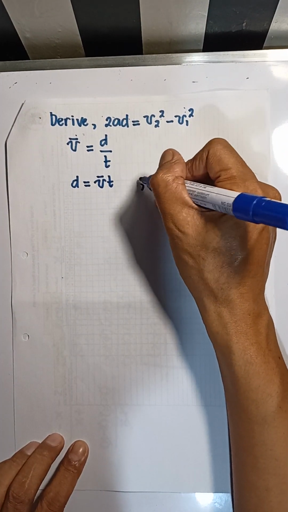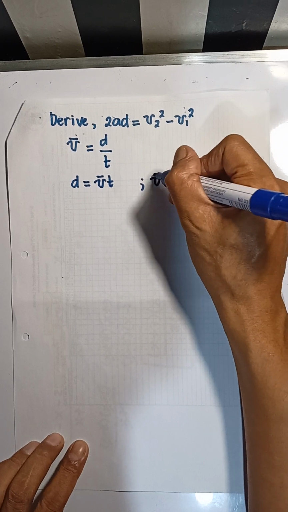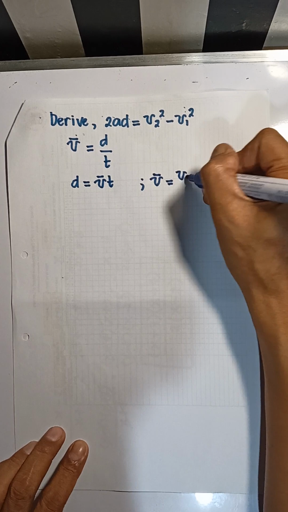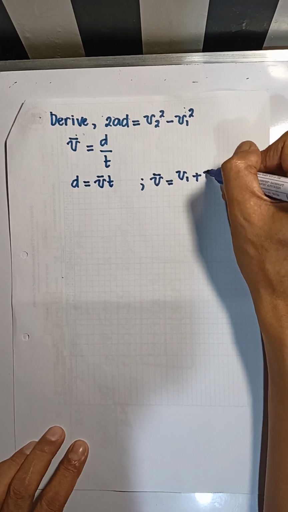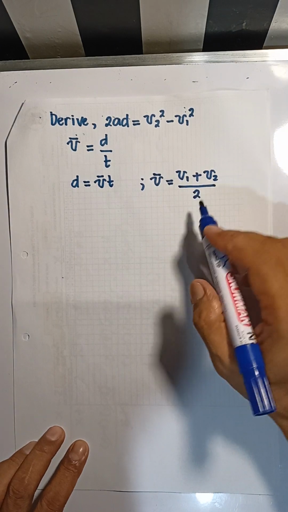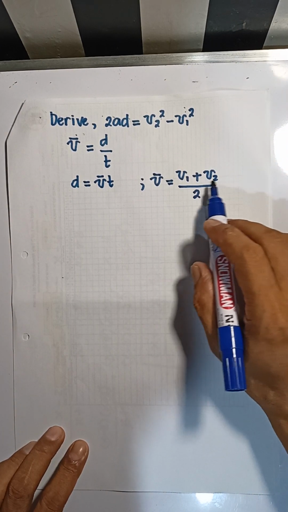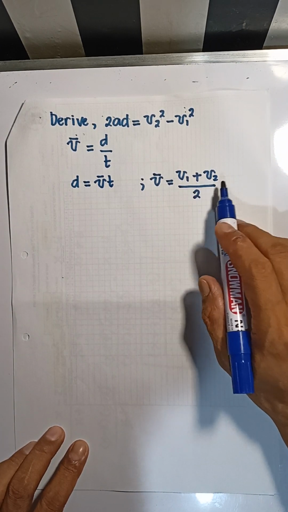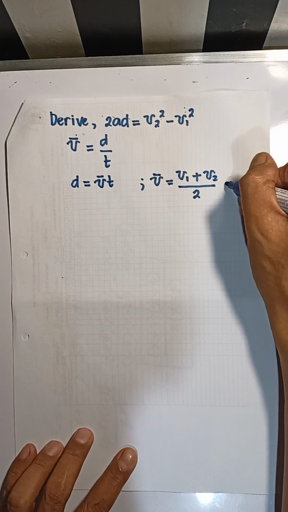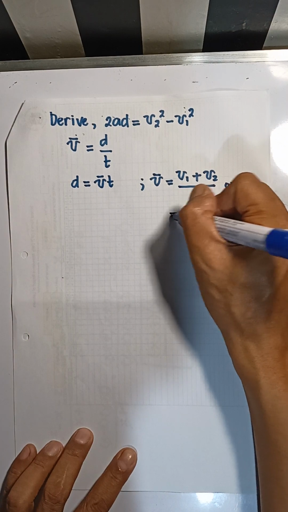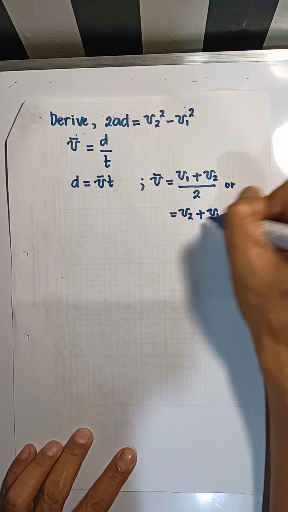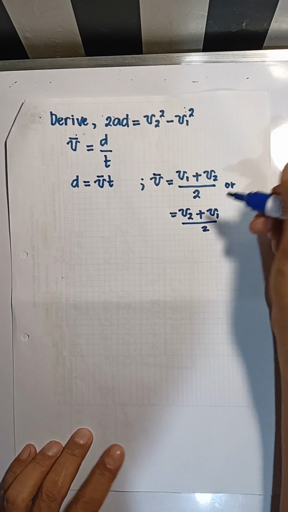Recall that your average velocity is equal to v1 plus v2 all over 2. We divide this by 2 because we have two different velocities, the initial and the final velocity. Or that is also equal to v sub 2 plus v sub 1 all over 2.